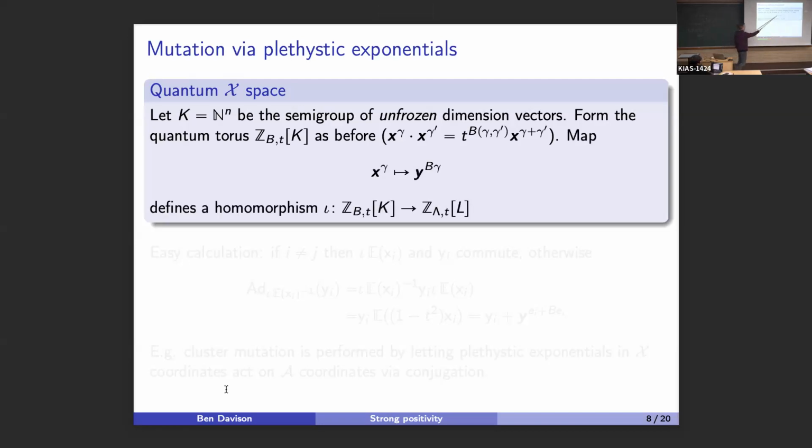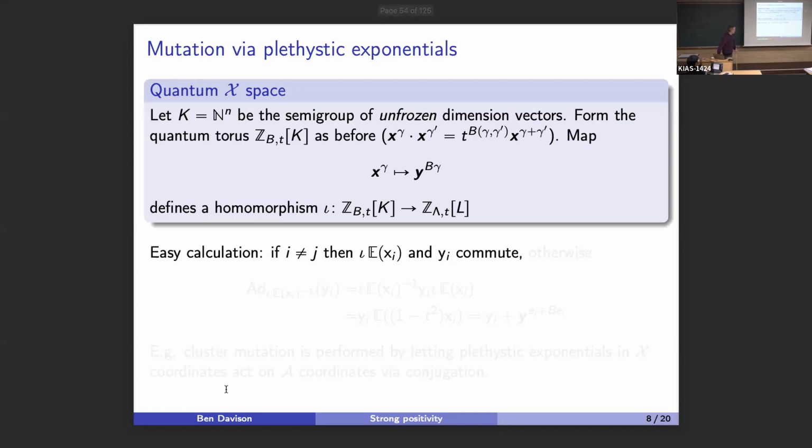Then if I send x to the gamma to y to B acting on gamma, it's a back of an envelope exercise that this gives you an algebra homomorphism from this slightly non-commutative algebra into this old, slightly non-commutative quantum torus algebra. Okay, so that's all well and good.